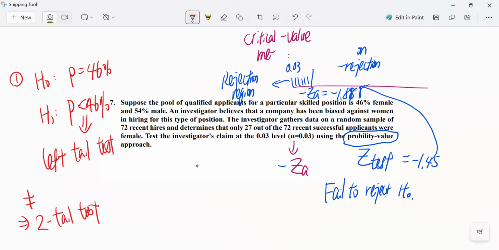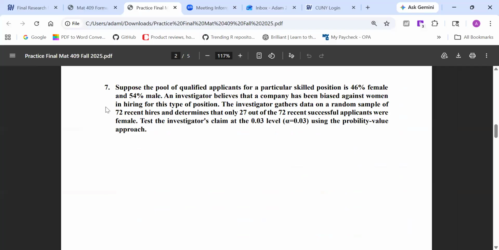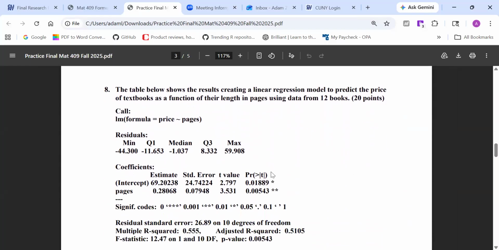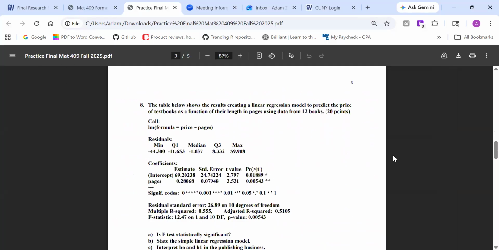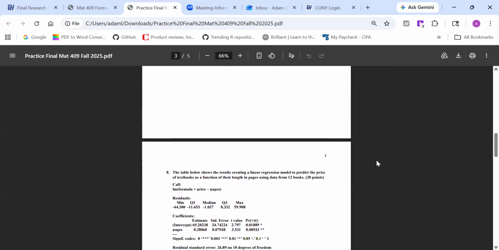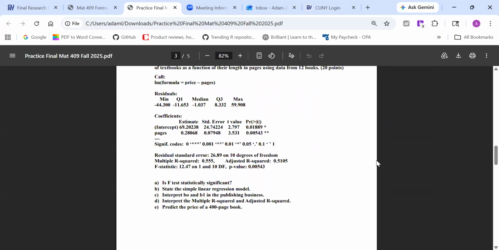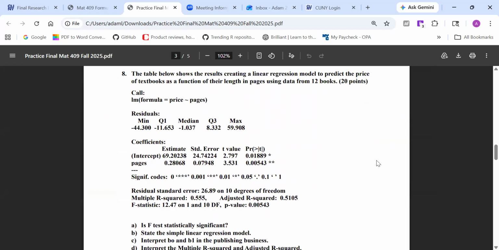Yeah, so let's go back. Any other questions? So this is question 7 and question 8. It's about regression analysis. You get these regression outputs and just analyze all the results presented in the question.